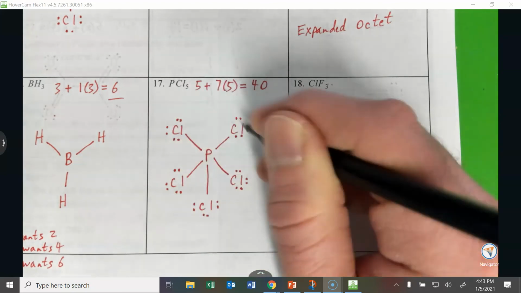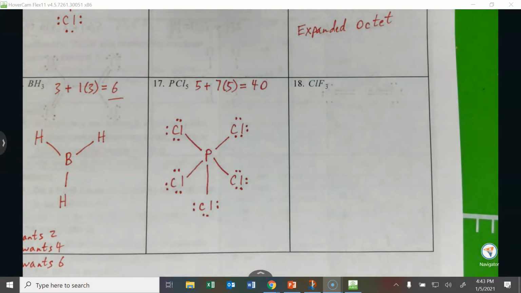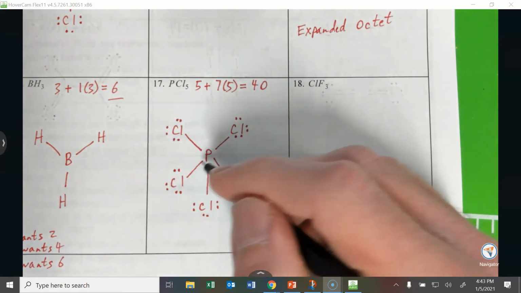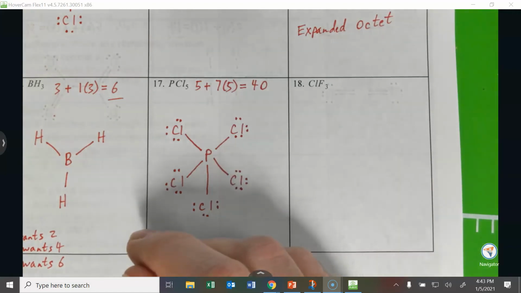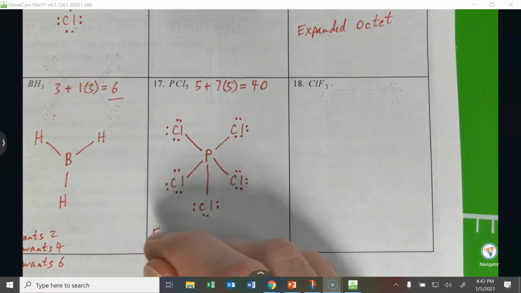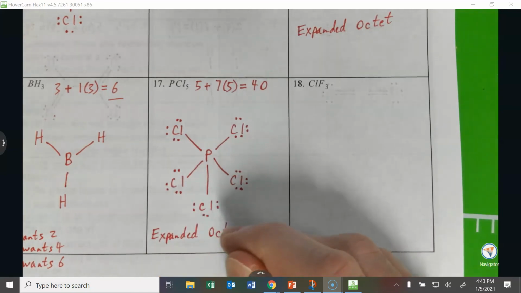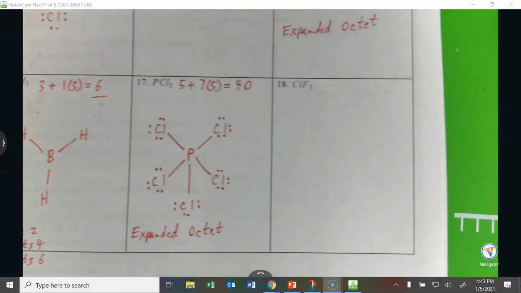All right, all of the chlorines are happy, so we worked on the outsiders first. And then you see that phosphorus has 2, 4, 6, 8, 10. It's got too many electrons, but there's nothing else we can do with this. This is another example of an expanded octet. And that's always the central atom that gets the expanded octet.